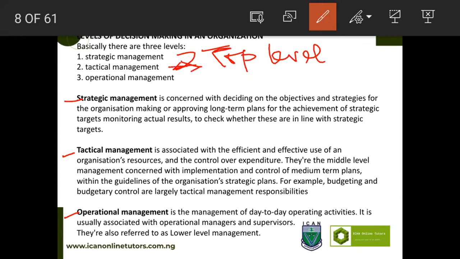The tactical management are called middle level management. This middle level management includes middle level managers, such as branch head, supervisors, managers, like that.